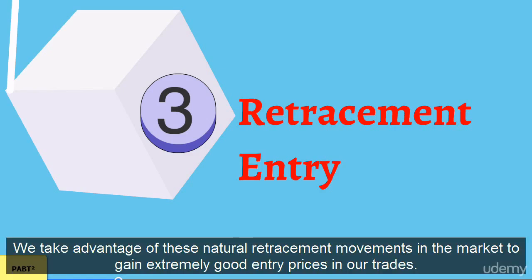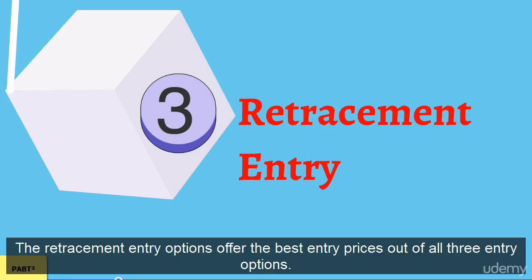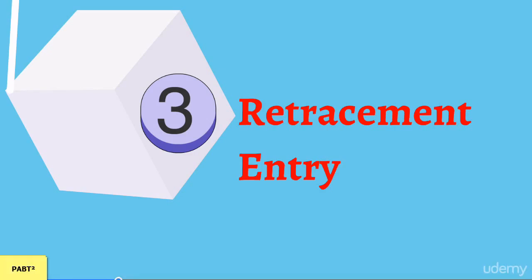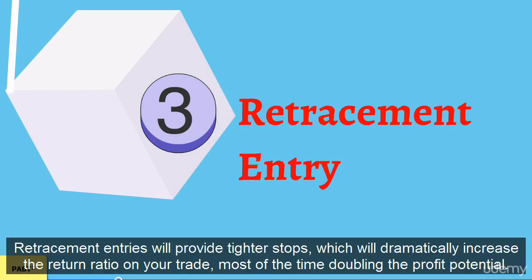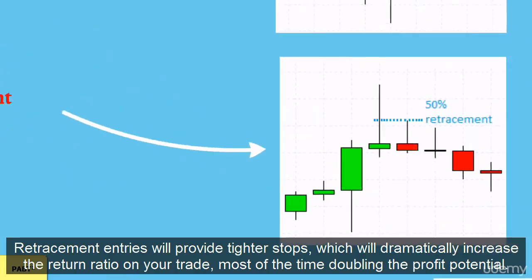So we take advantage of these natural retracement movements in the market to gain extremely good entry prices in our trades. So the retracement entry option offers the best entry prices out of all 3 entry options. So the retracement entries will provide tighter stops, which will dramatically increase the return ratio on your trade, most of the time doubling the profit potential.